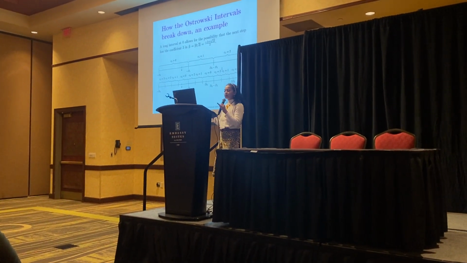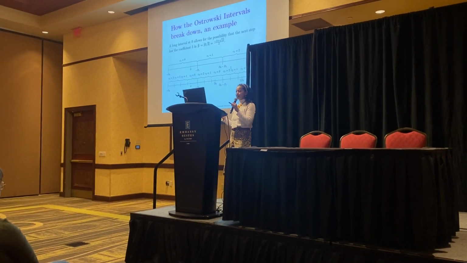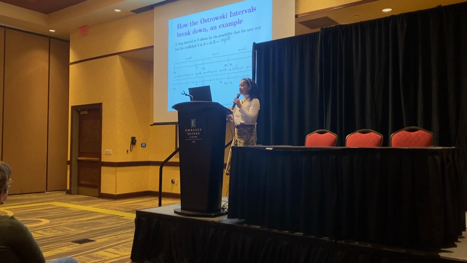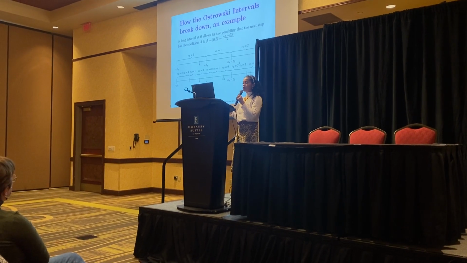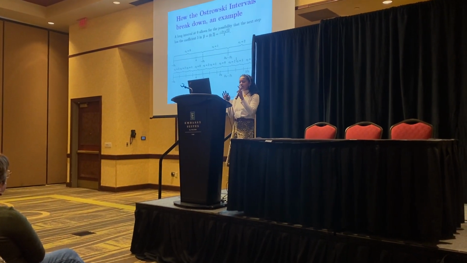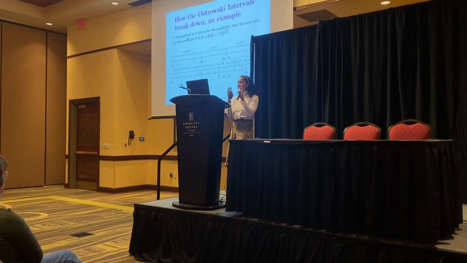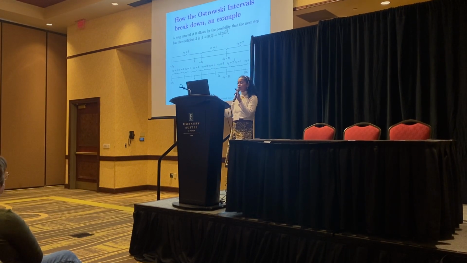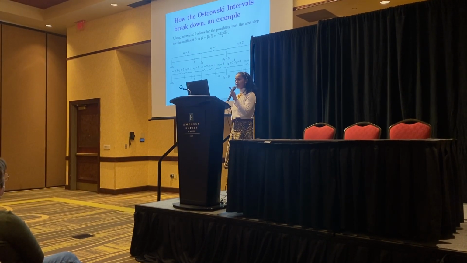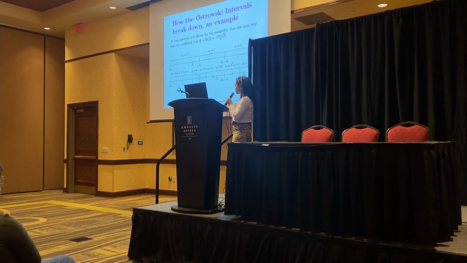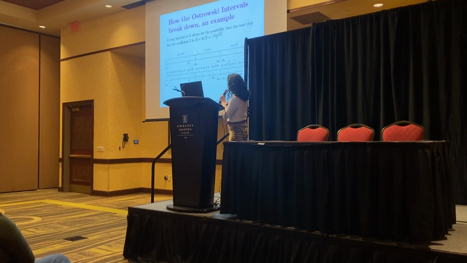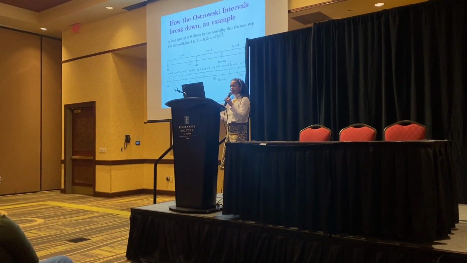So, how do these Ostrowski intervals break down? We're going to be using the continued fraction beta equals something with a whole number component of 0 and a fractional component of 3's repeating as our partial quotients. So we see here for that first level, it kind of does resemble a Cantor set.